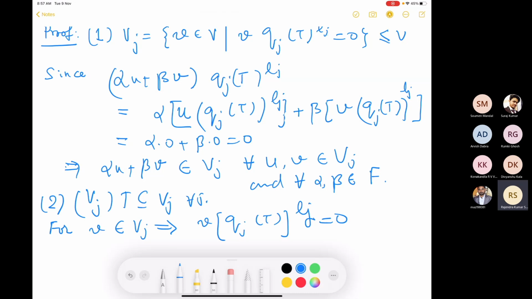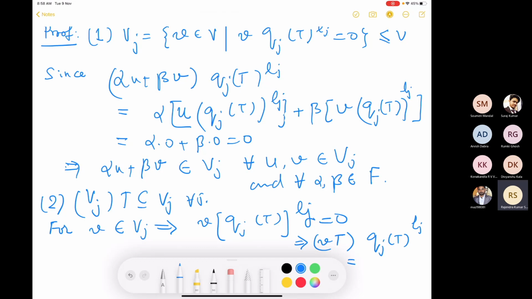And v T qj(T) power Lj also will be 0, because T and powers of T commute.